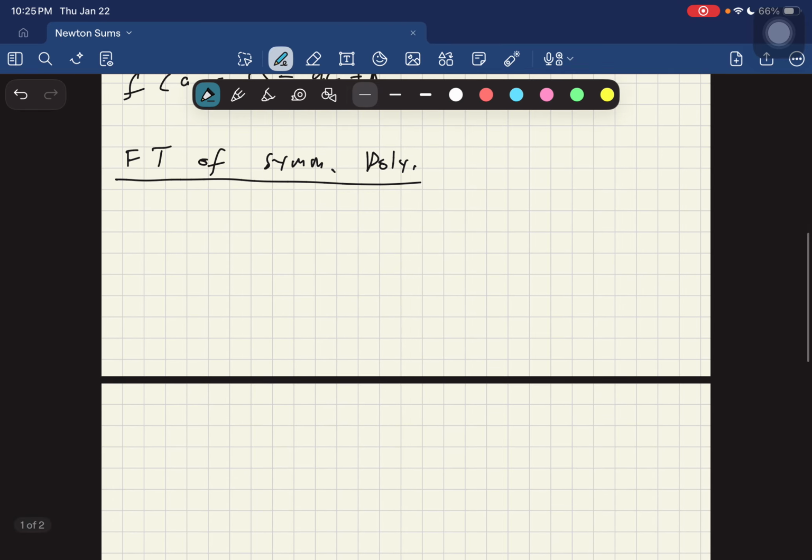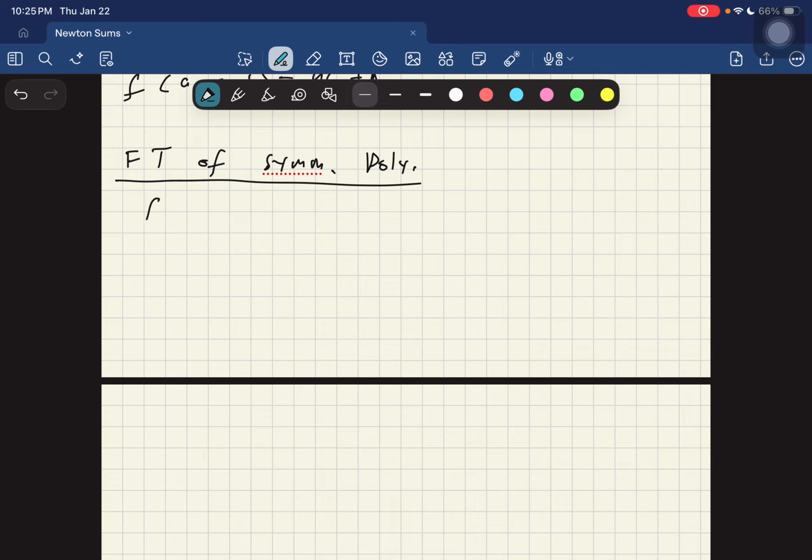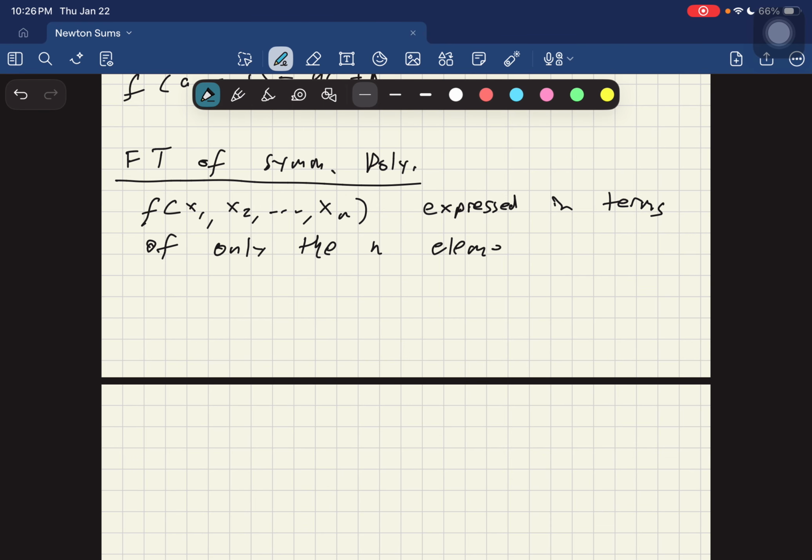The fundamental theorem of symmetric polynomials states that for any symmetric polynomial f of x1, x2, through xn, we can always express it in terms of only the n elementary polynomials sk in n variables.